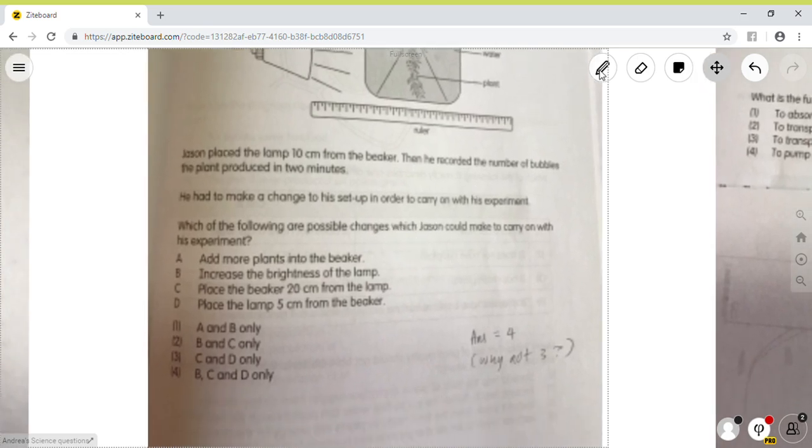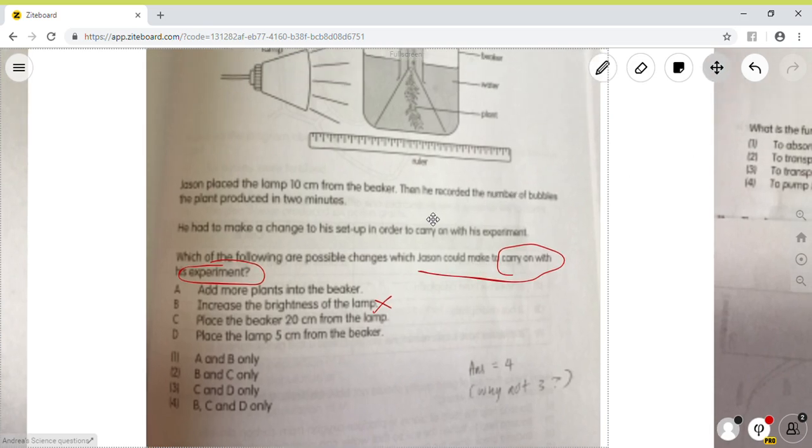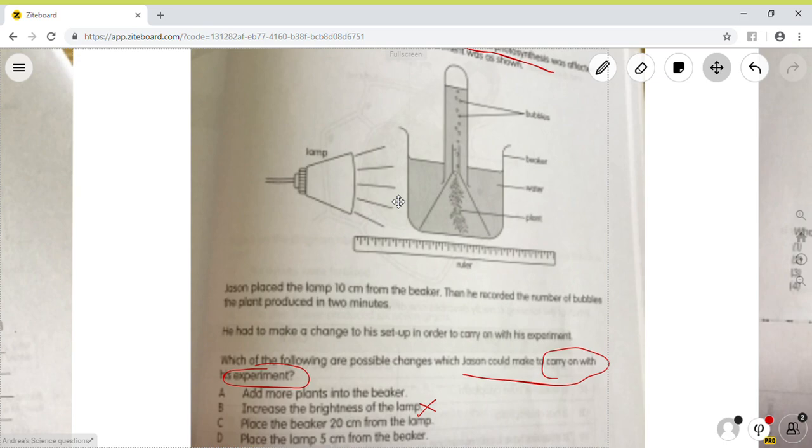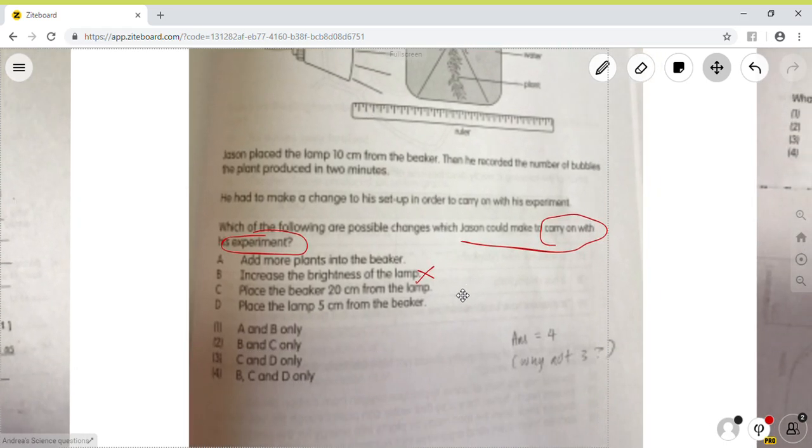So here, we are talking about what he can do to carry on with the experiment. You cannot change the brightness, because if you change the brightness, you will affect the intensity of the light. In this question, you want to find out if the intensity will affect it, right?